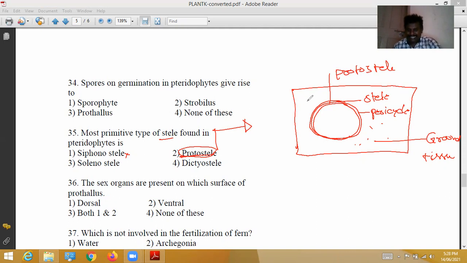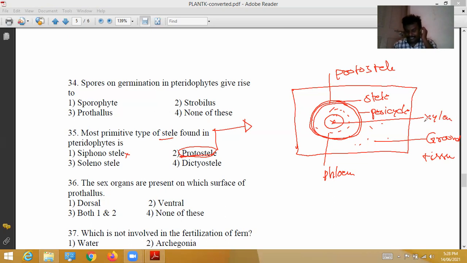The xylem is located in the center, surrounded by a band of phloem. It is called the band of phloem, and this is the xylem.